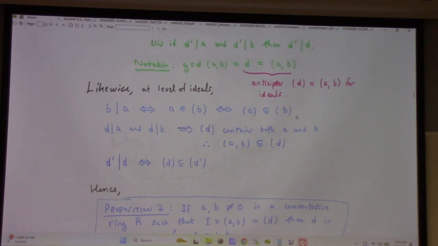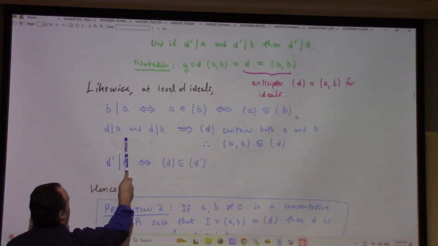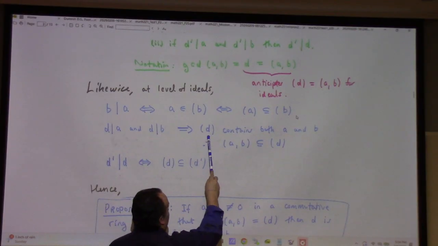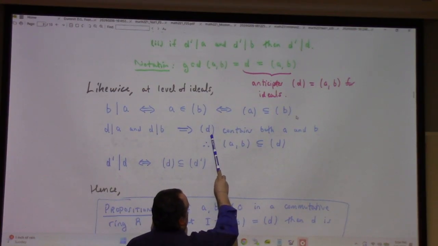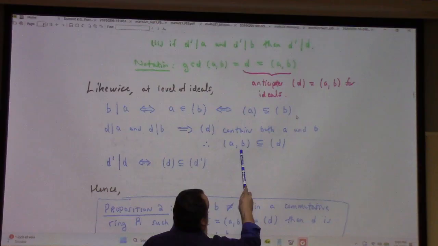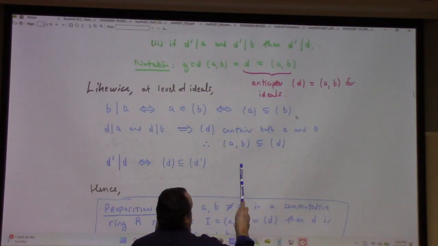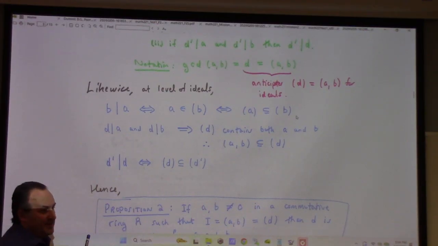And so if D divides A and D divides B, that means that the ideal generated by D contains both the ideals generated by A and B, and in particular the ideal generated by A and B.